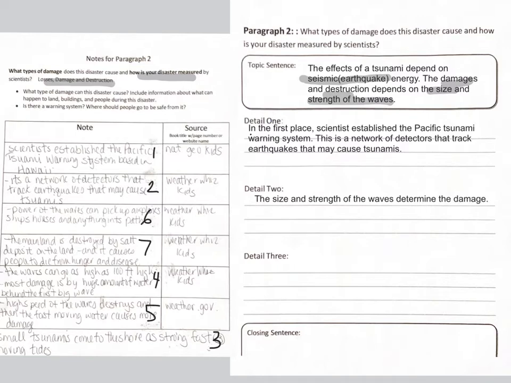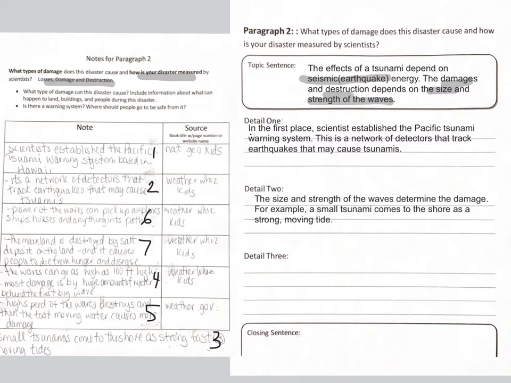Now I'm going to say, for example, a small tsunami comes to the shore as a strong moving tide.